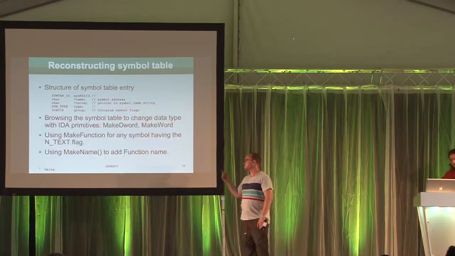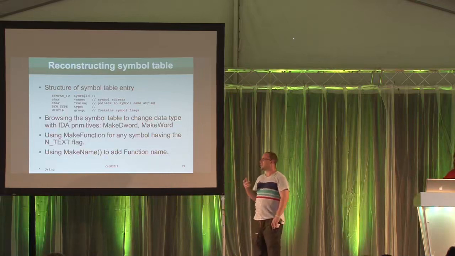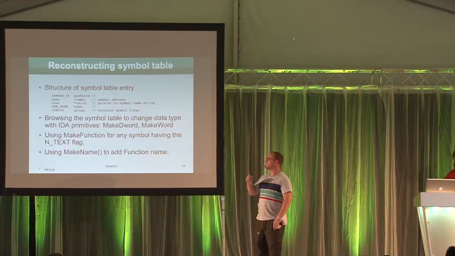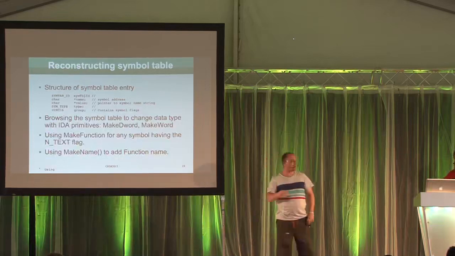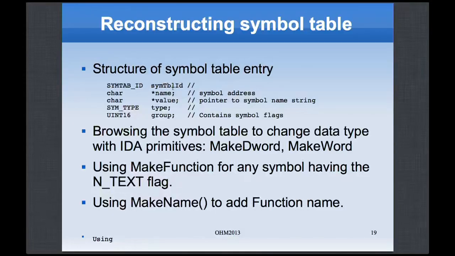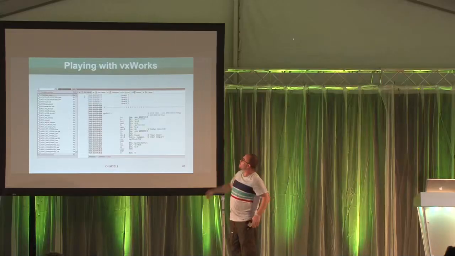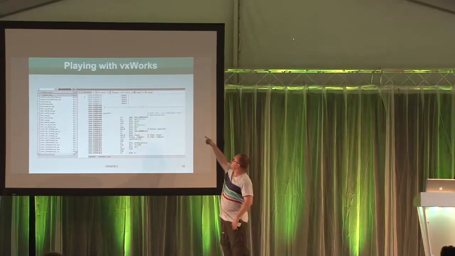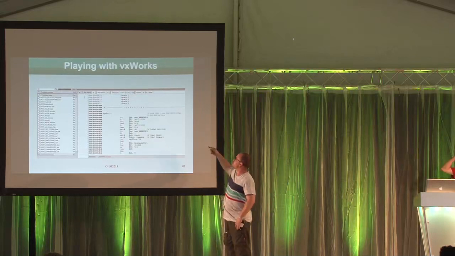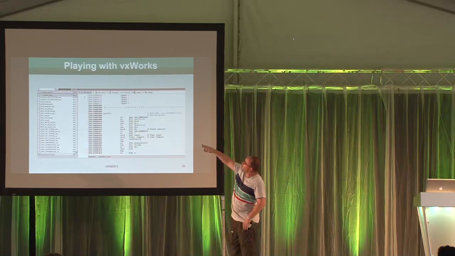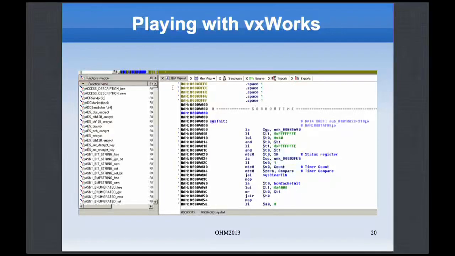And the last one, MakeName, helps you push a new function in the function list on the left, so that you can search for functions more easily later. After this step, running the script, we get this version of IDA. You can see now we have function names, we have cross-references, so we can browse the file more easily. On the top bar, the analysis was done on, I guess, a quarter of the memory.